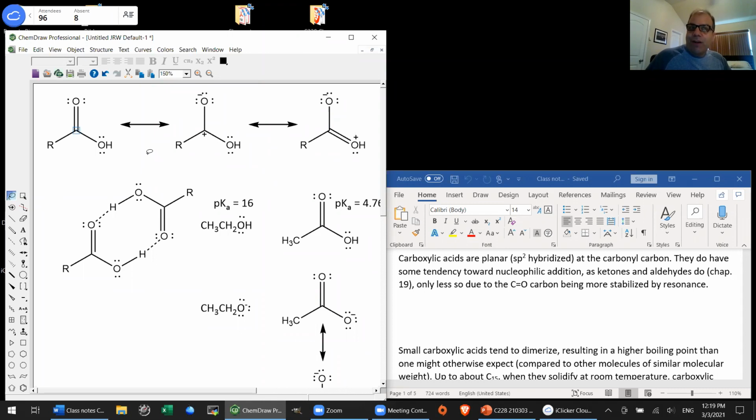I anticipate we'll cover that in chapter 21, where we'll actually go over an order of reactivity of pretty much all of the so-called acyl derivatives, all of the different types of compounds that you'll find with a carbonyl group in there.